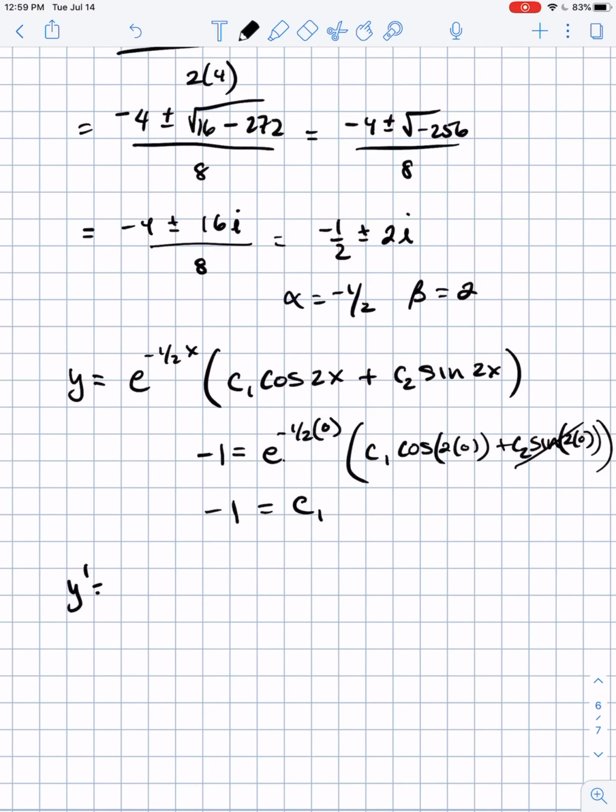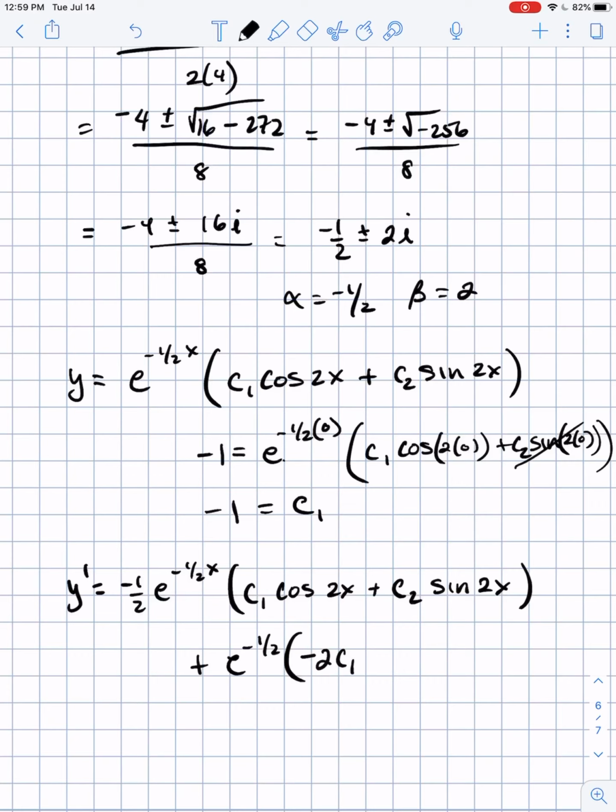Now we do need to take the derivative. The derivative here is product rule, so I'll have -1/2 e to the -1/2 x times this whole thing, plus e to the -1/2 x times negative 2 c1 sine 2x plus 2c2 cosine 2x.